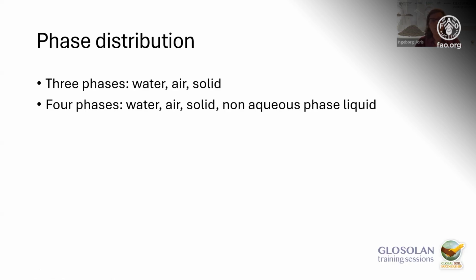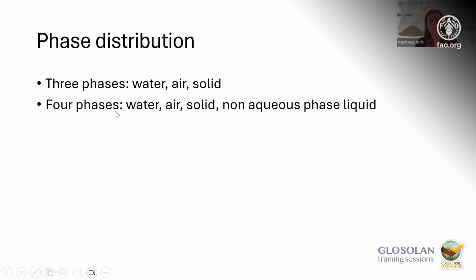As a rule of thumb, we say that the soil consists about 50% of solid material, and the other half consists of pores that can be filled with water or with air. In some cases, it gets a bit more complicated and you have 4 phases.